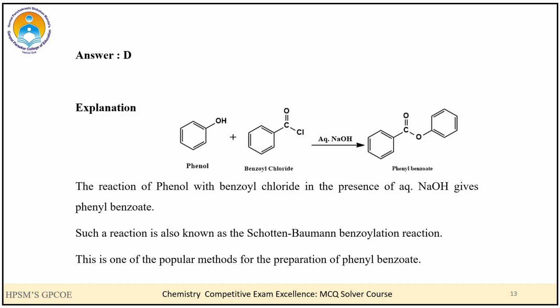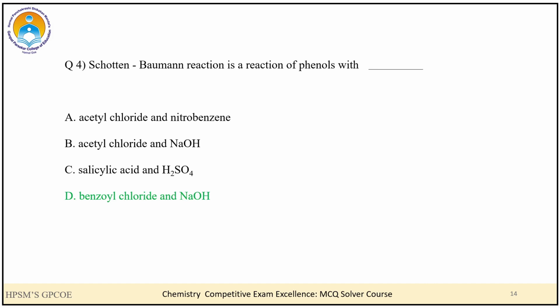So here it is a name reaction wherein phenol reacts with benzoyl chloride in presence of aqueous NaOH, giving you phenyl benzoate. So this is one of the popular methods for preparation of phenyl benzoate. So the correct option will be option D, that is benzoyl chloride and NaOH as a reagent.